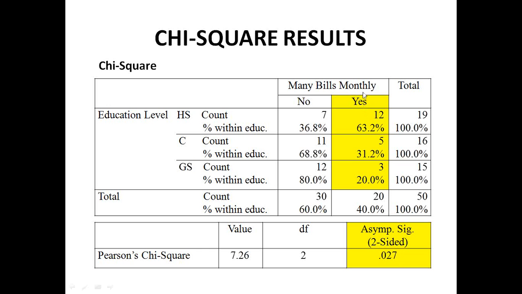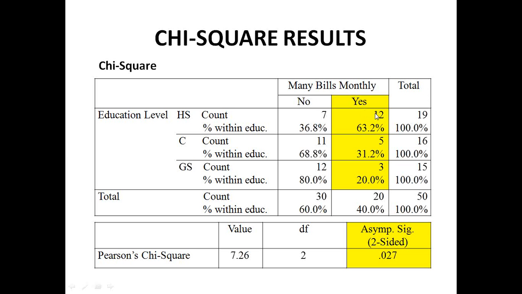Then we might want to just look in one column at the percentages by education level. So for people at the high school level who have many bills monthly, it's 63.2%. So in high school, what percentage don't have many bills monthly? 36.8, which is 7 people.